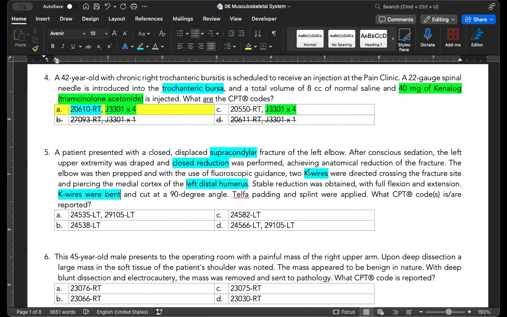So our code description, yes, K wires. If we use pins or K wires, then that should be your signal to use a percutaneous fixation code. Yep.